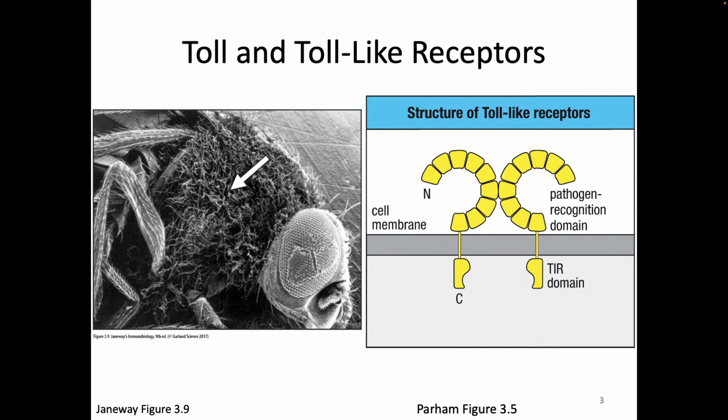You can see that domain here. That domain has a structure called a leucine-rich repeat, LRR. I'll say a couple things about leucine-rich repeats in other locations today. So this is the LRR. And you can see there's also a signaling domain. And I told you about the discovery of Toll last time.